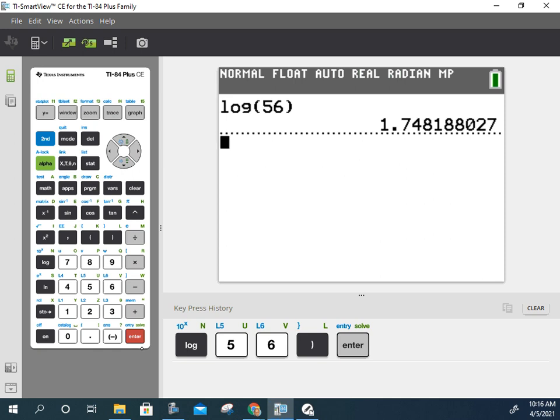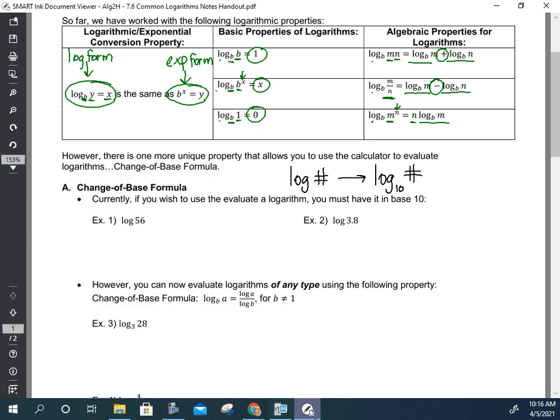That 1 wouldn't do anything. That's 1.748. How do you know where to round? You read the directions. If the directions don't give you, then you round to 3 decimal places, unless the directions tell you otherwise.